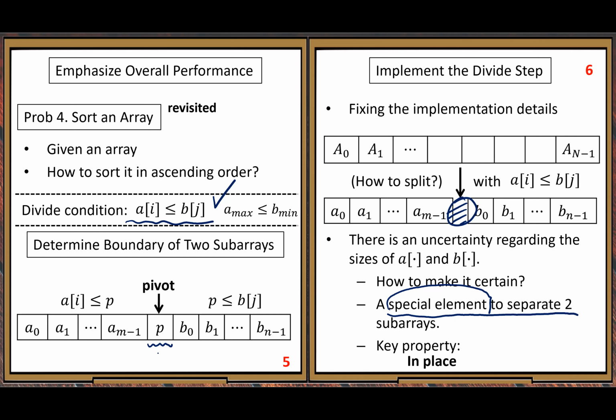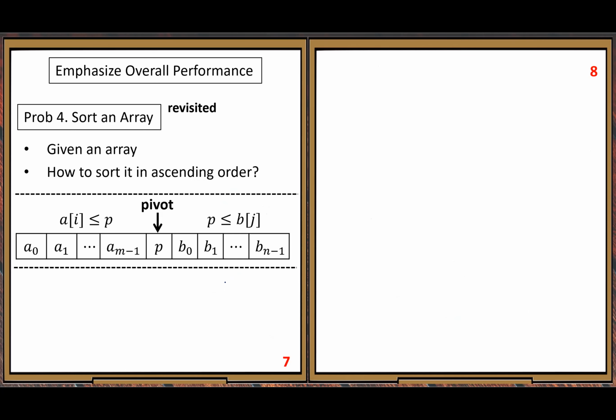How to do that is our next question. Here we just want to make it clear we need to do this. This is the goal of our partitioning step: after we complete it, we want to get this state for our data. Let's move to the next slide.